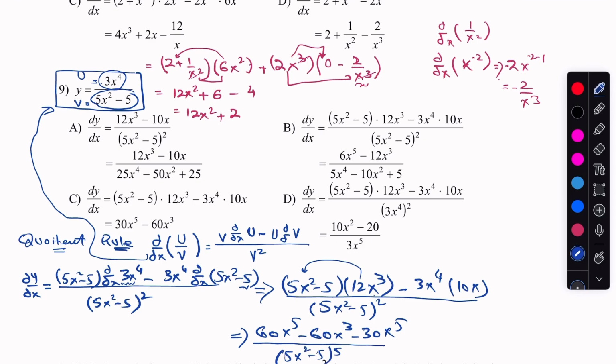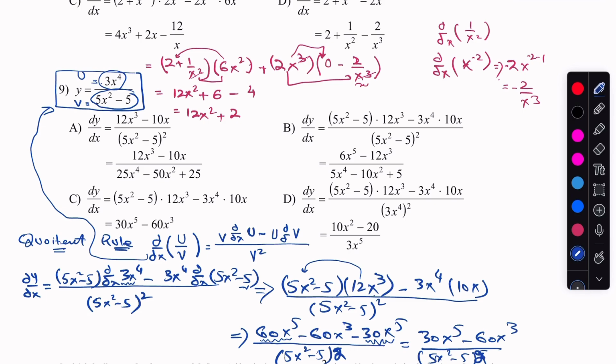So this 60 x power 5 and this 30 x power 5 are the same terms. 60 minus 30, then we will get 30 x power 5 minus 60 x power 3 over 5x squared minus 5 whole squared.